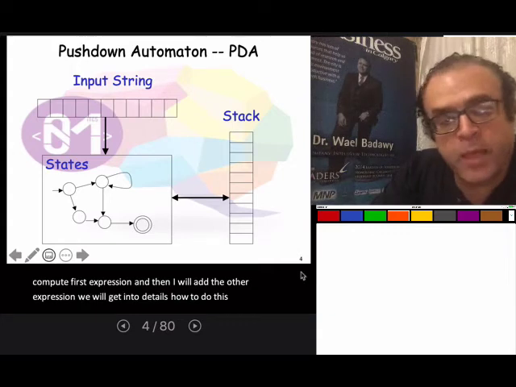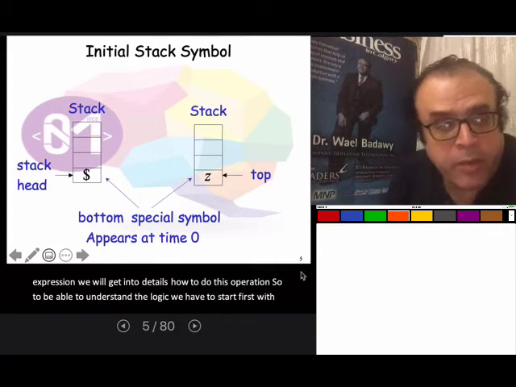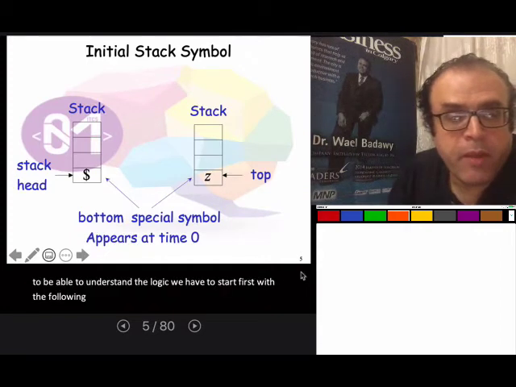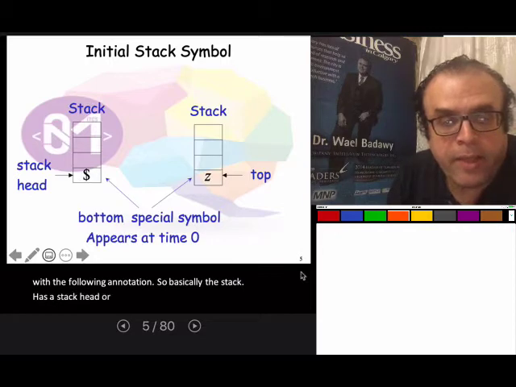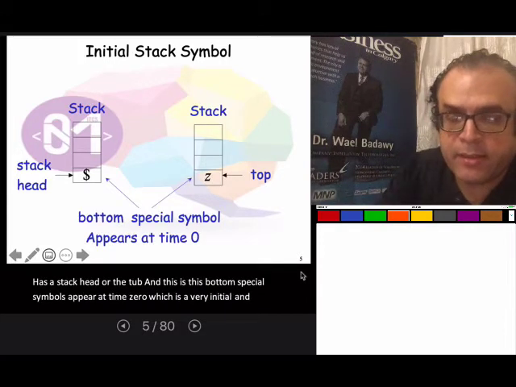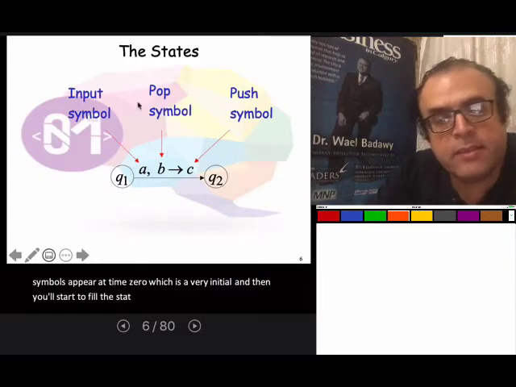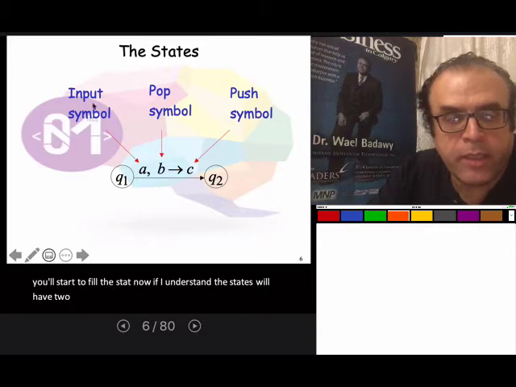To be able to understand the logic, we have to start first with the following notation. The stack has a stack head, or the top, and a special bottom symbol that appears at time 0, which is the very initial state, and then you will start to fill the stack. Now, the transitions will have two different characteristics. One is the input symbol, if it's one symbol, or I can pop out or remove the symbol.